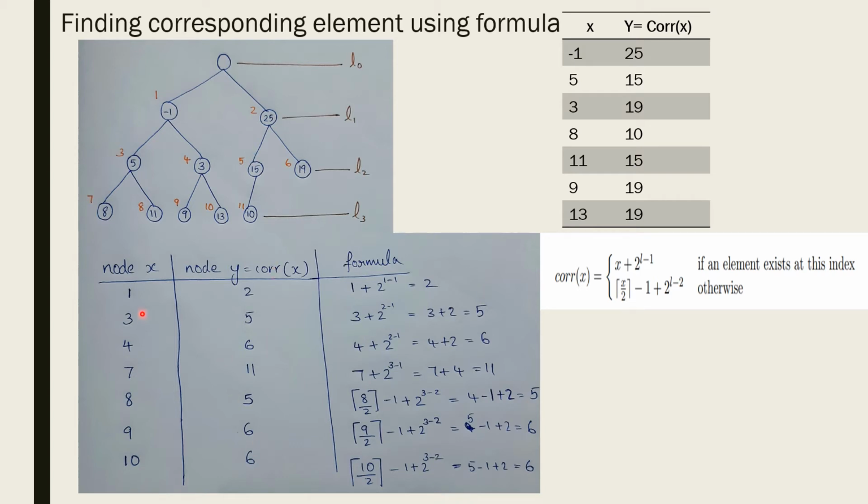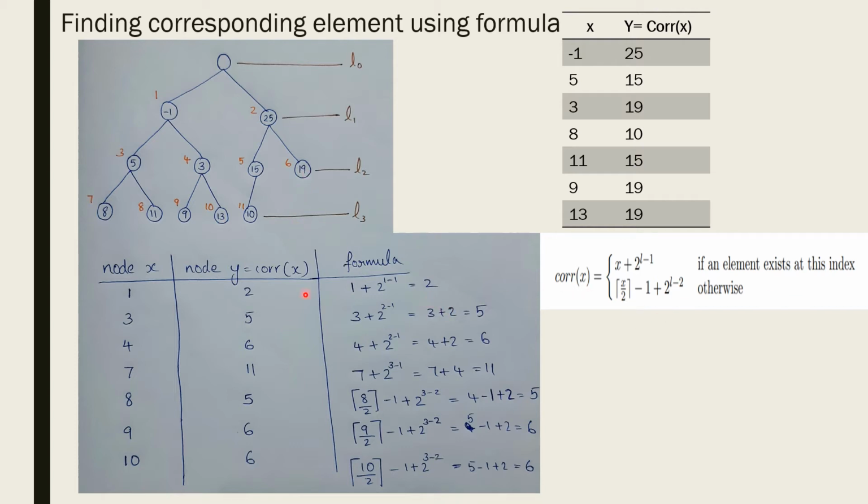When x value is 1, like we are finding the corresponding node of the first node, if an element exists at the index, that is case 1, the nodes 1, 3, 4 and 7, all these nodes have a corresponding element which actually exists. So in that case we use this formula. Otherwise, it does not have a corresponding y node, so we use this formula. That's the case for the 8th node, 9th node and 10th node.